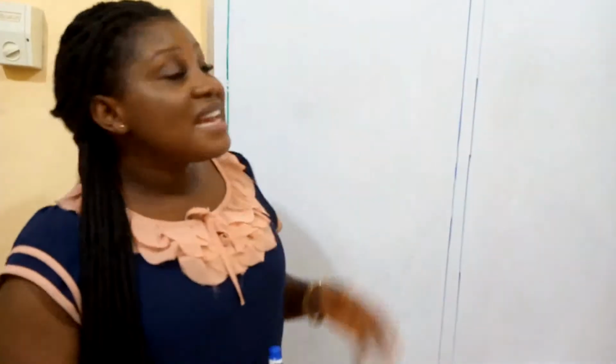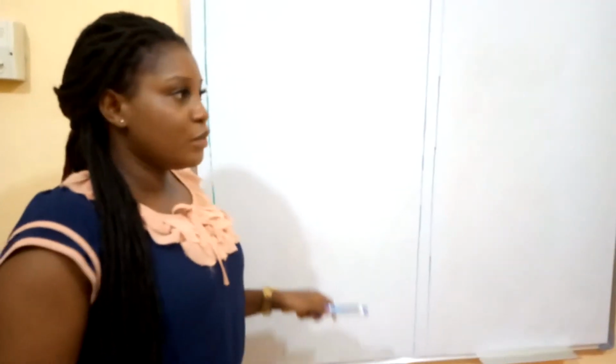So today we are going to look at some words that have silent letters in them, at the beginning of those words. We are going to take some words, pronounce them together and see if we can find the beginning silent letters.